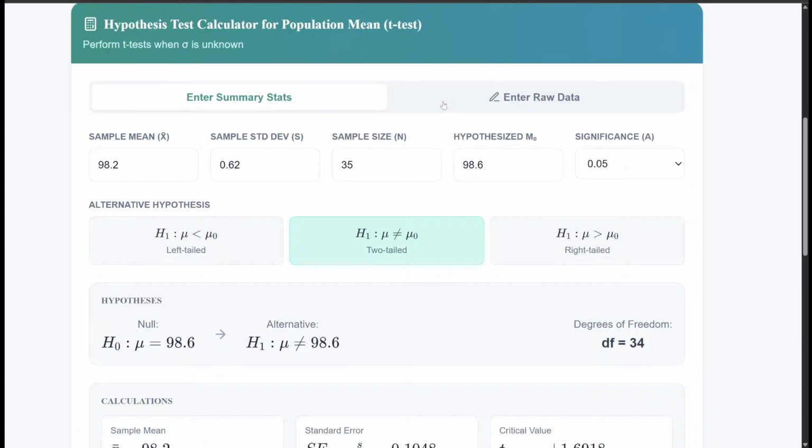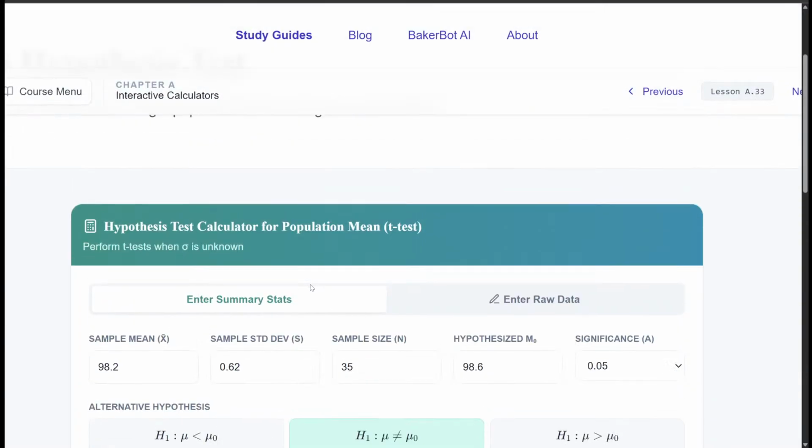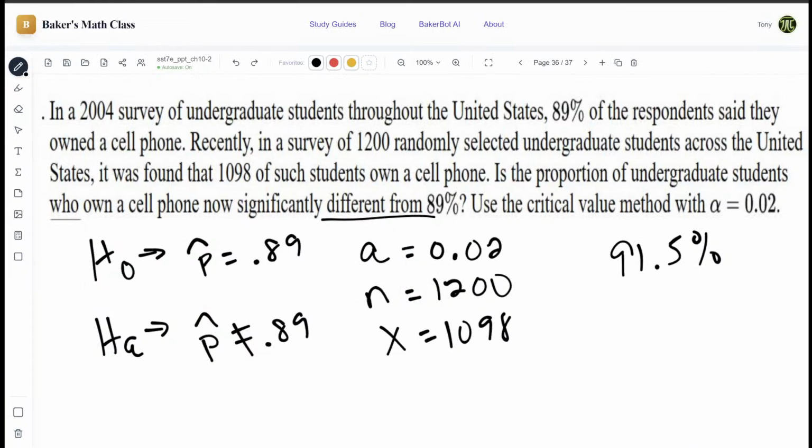But this one, we use the t-score because we don't know the standard deviation, so it's a little different with the critical values. All right, any other questions? Okay, I'll see you Tuesday. I will have the practice sets for chapters 8 through 10 posted tomorrow. I'm not sure exactly what time, but sometime tomorrow.